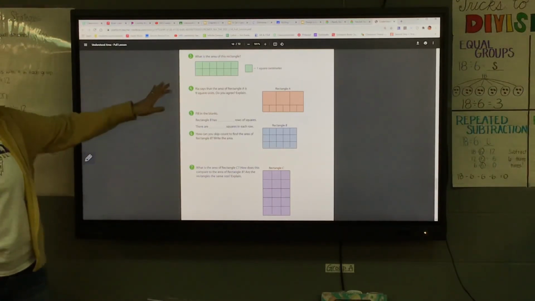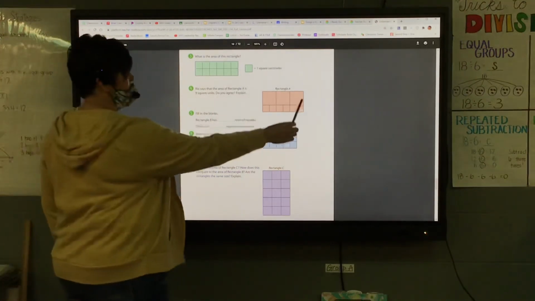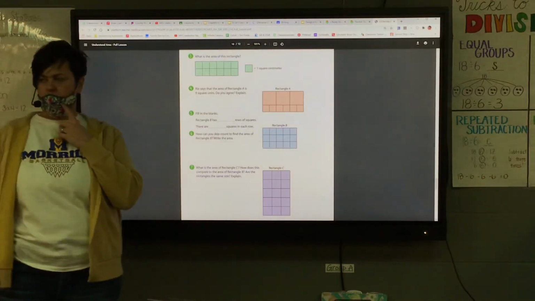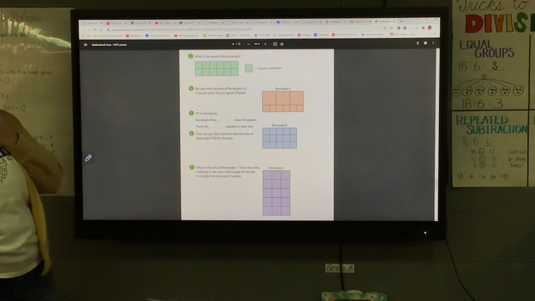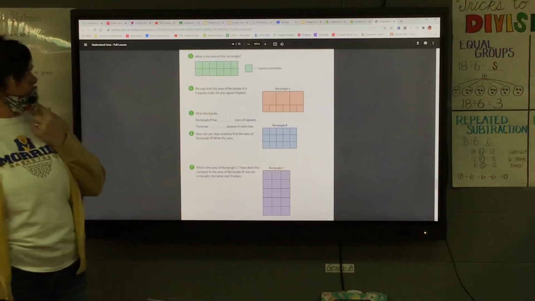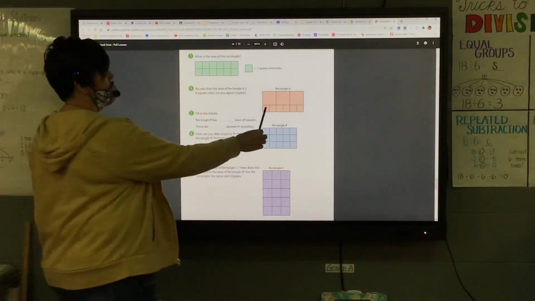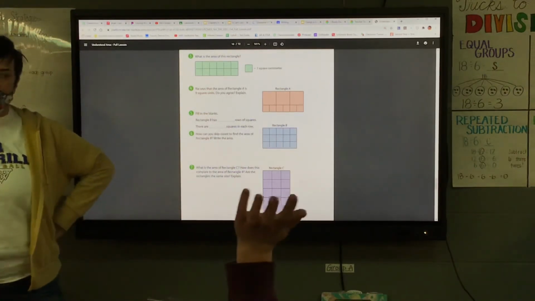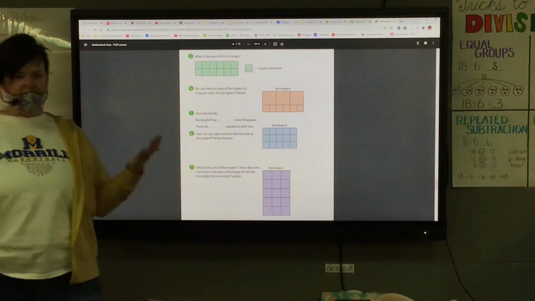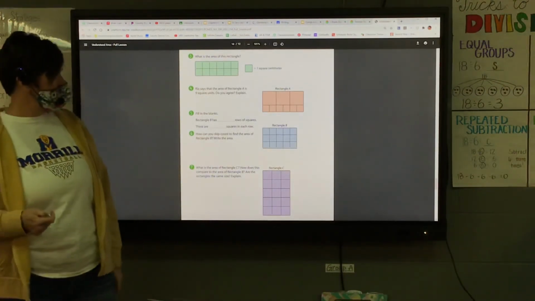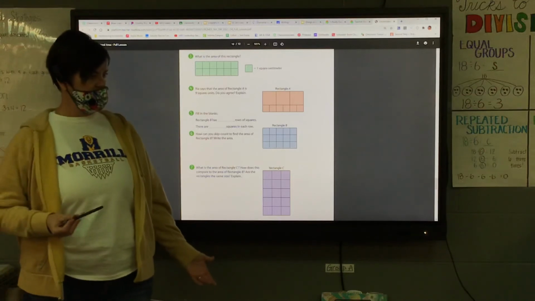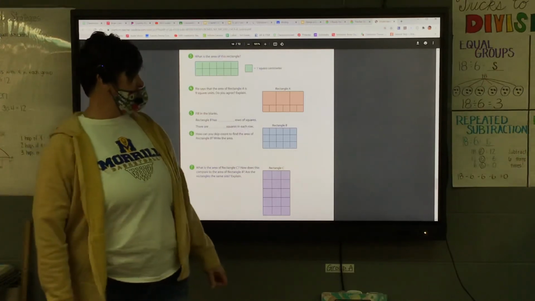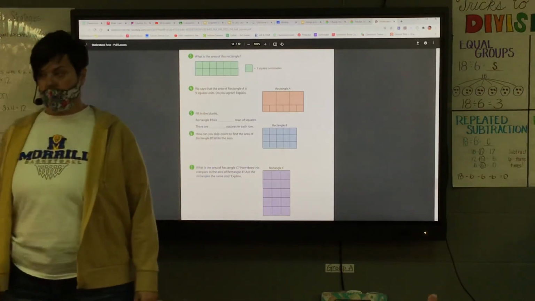Look at part 4. Rhea says that the area of rectangle A is 9 square units. Ooh, do you agree? I mean, there are 1, 2, 3, 4, 5, 6, 7, 8, 9, but what do you notice about them? Is there something funky about them? What do you notice, Raylan? Okay, they're not lined up. What do you notice about them, Lucas?